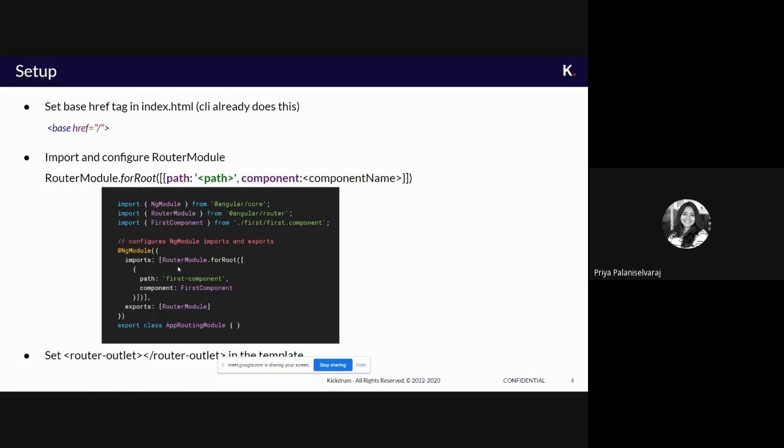We will see this in detail in the upcoming slides. One more thing we have to mention is the router outlet. In the HTML, wherever you want to have this routing view, you have to mention this router outlet.